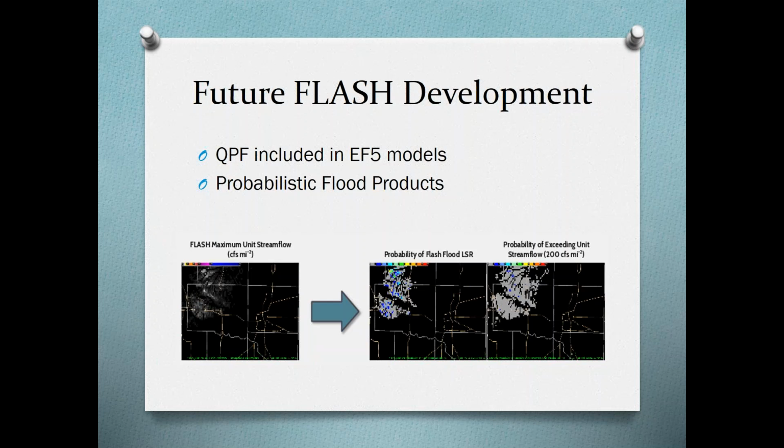They're also going to start generating some probabilistic flood products, and they're going to do a probability of flash flood LSR based on the information there. And they're also going to do a probability of exceeding a stream flow of 200 cubic feet per second. Or with the unit stream flow on the web, it would show up just as 2 cubic meters per second.